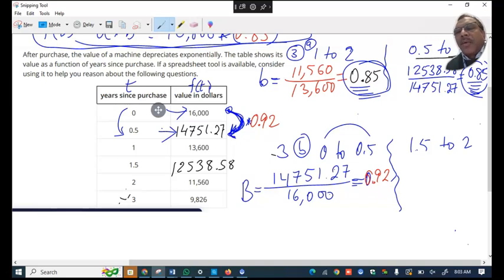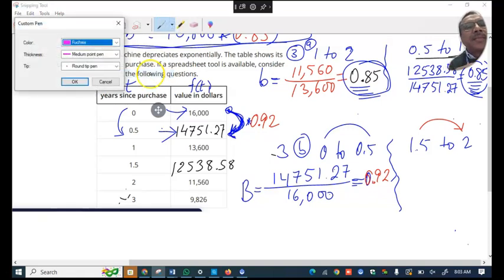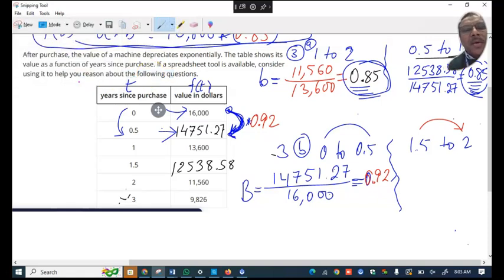Now let's do the second part. What about this one for 1.5 to 2 years? See, and I'm going to use another color. So 1.5 to this piece. This also goes by a 0.5 increase. So we want to know whether it's the same thing. Now the population here is 11,560 and we divide by the population here, which is 12,000.